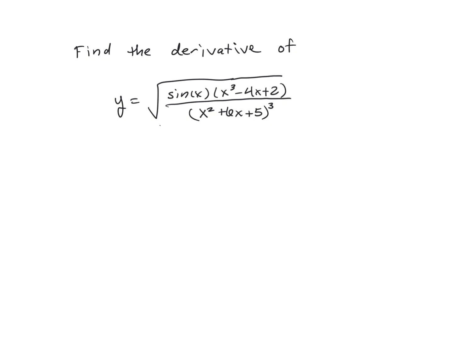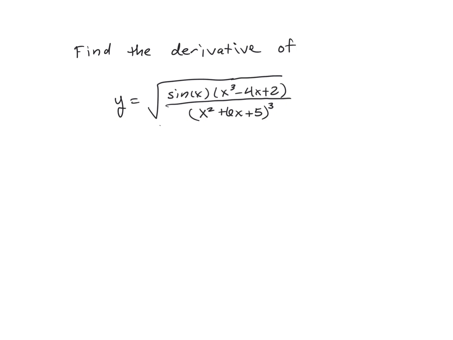Hello and welcome back. For this problem, we want to find the derivative of a very ugly and complicated function. And the best strategy for doing this, or the best approach anyways, is to take the logarithm of both sides and use logarithmic differentiation.